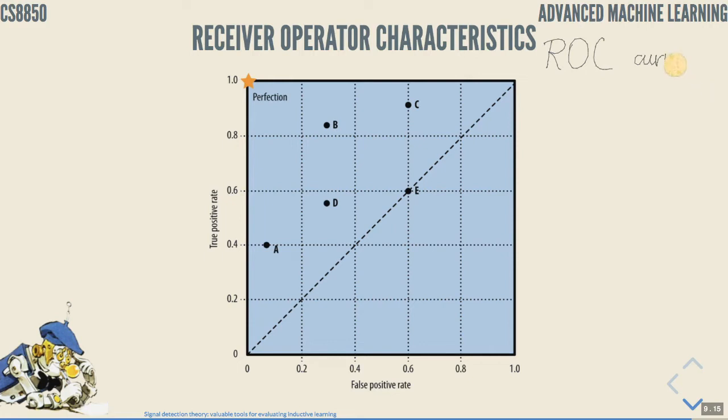Well, you'll see the curve soon enough. So it's receiver operator characteristics, and on the x-axis we have false positive rate, and on the y-axis we have true positive rate.